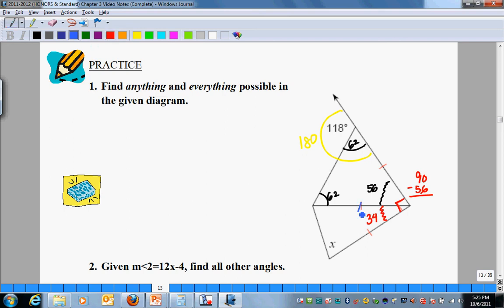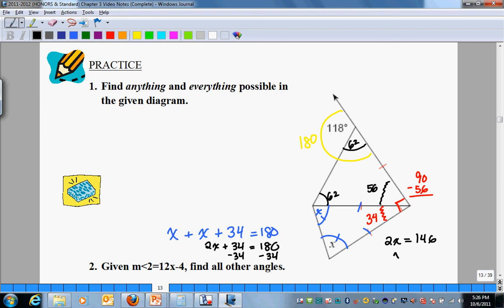If you were to follow those hatch marks, these here are congruent. So that's x. So I'm going to go x plus x plus 34 equals 180. 2x plus 34 equals 180. 2x equals 146, minus 34 both sides.